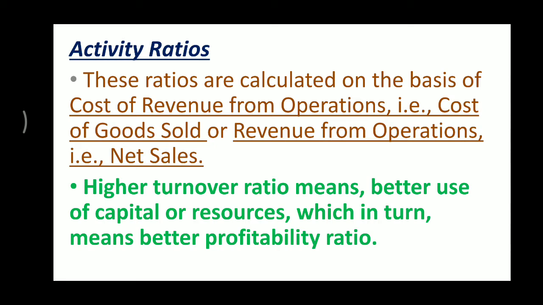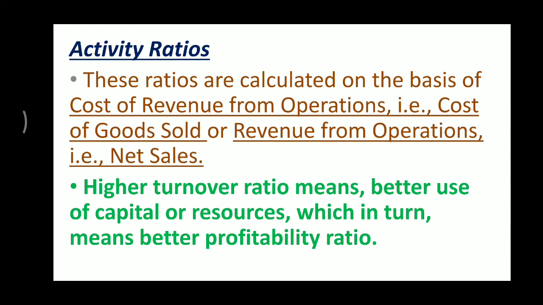That means in all the formulas, the priority will be given to cost of revenue from operation. In case it is not given, or it is not possible to calculate it, we will use revenue from operation or net sales. Higher the turnover ratio means better use of capital or resources, which in turn means better profitability ratio.